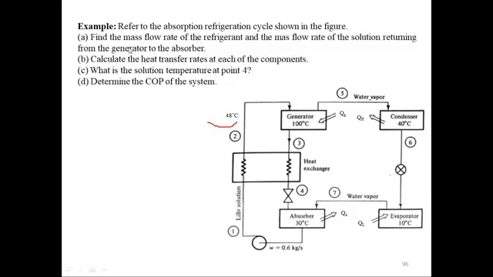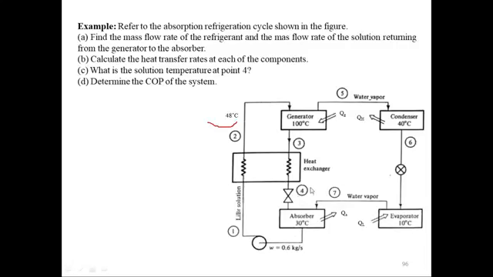Find the mass flow rate of the refrigerant and the mass flow rate of the solution returning from the generator to the absorber. So we need to figure out the mass flow rates here. Calculate the heat transfer rates at each of the components. So Q_A, Q_G, Q_C, and Q_E we need to find out. What is the solution temperature at point 4? Point 4's temperature we need to find out.